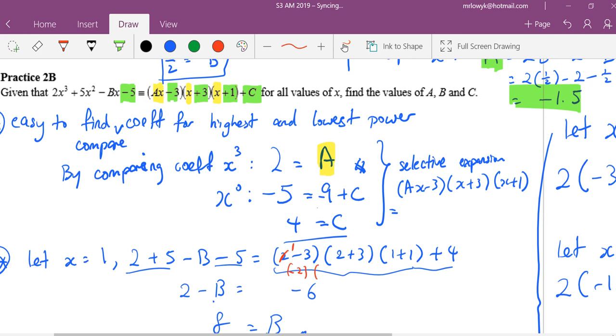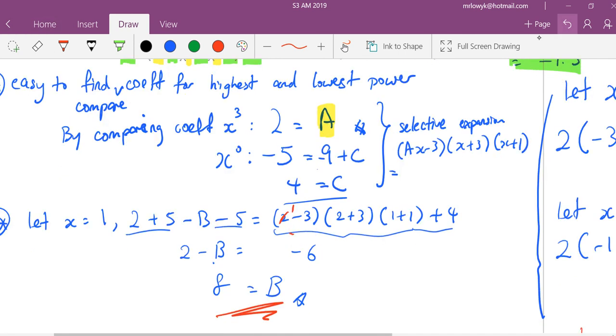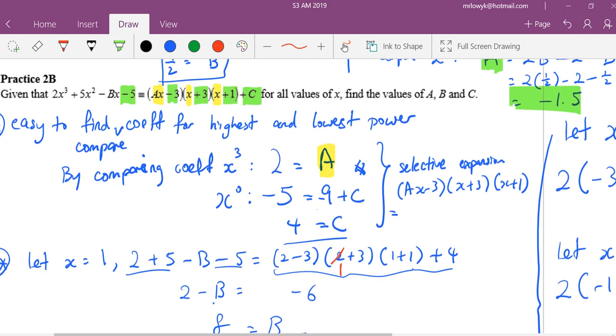Sorry, this one should be 1. So what should be the answer? Minus 1 times 4 times 2 plus 4. Minus 8 plus 4. Minus 4. Correct, B equals 6.